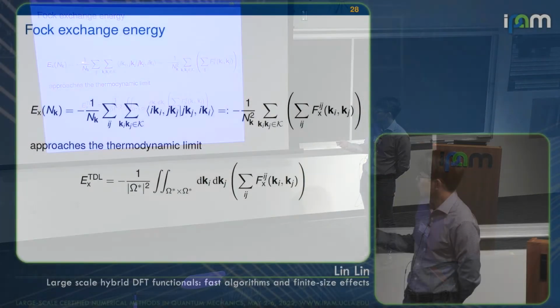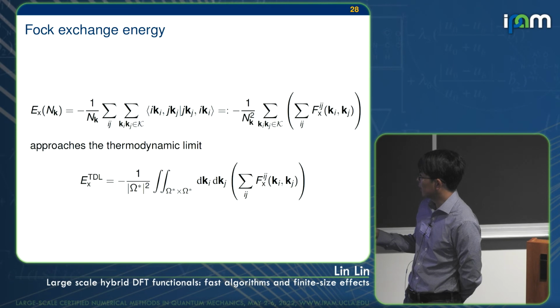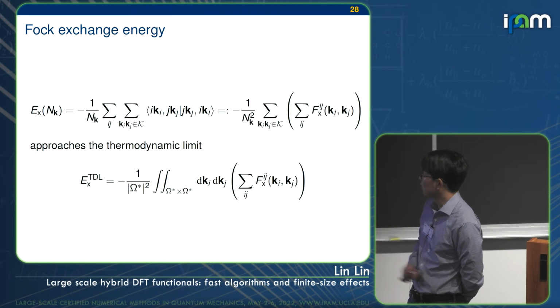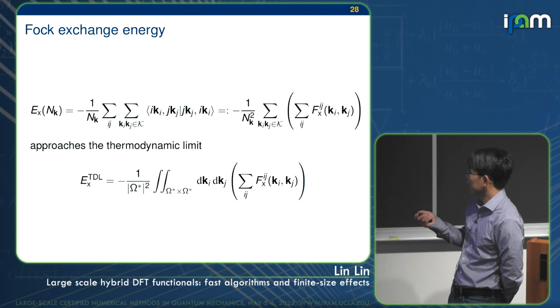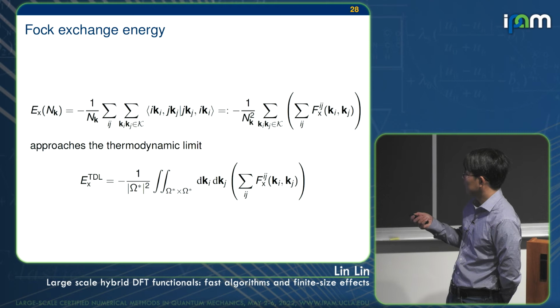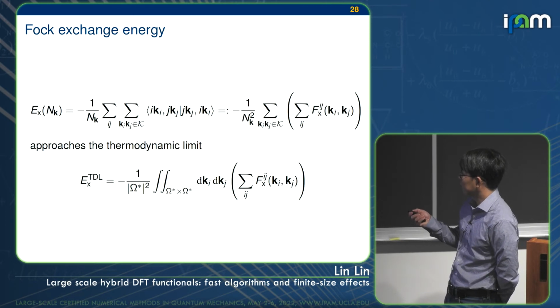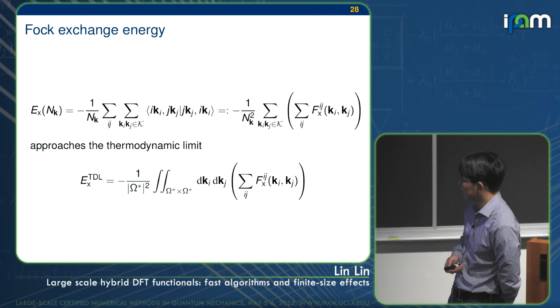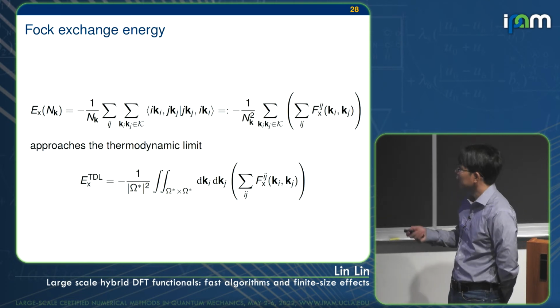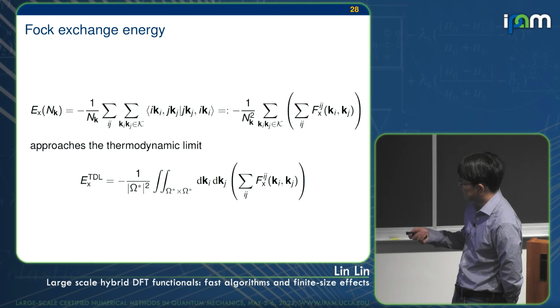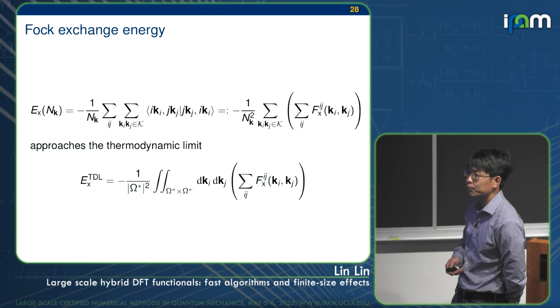So you sum over all the Ki, Kj within the Monkhorst-Pack grid and sum over all the occupied states. You reorder this a little bit, you can write it to be a sum over this Fxij coming from the contribution for the exchange. And when we say it approaches the thermodynamic limit, it means that we replace the sum by an integral, and we want to consider the difference between the two.